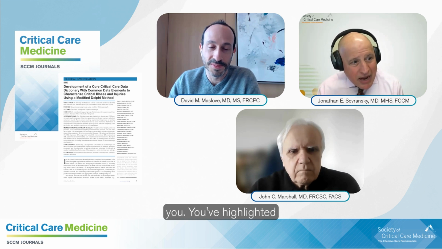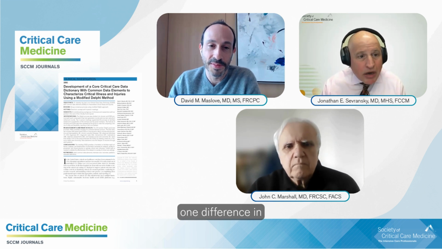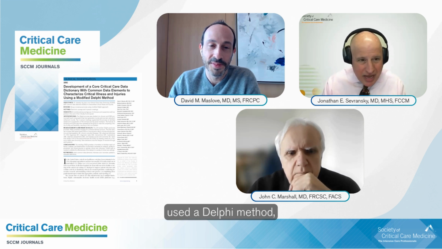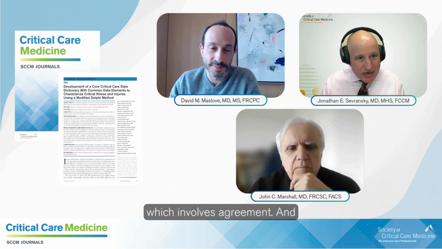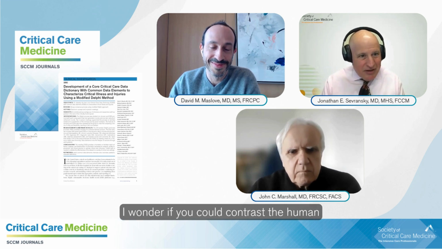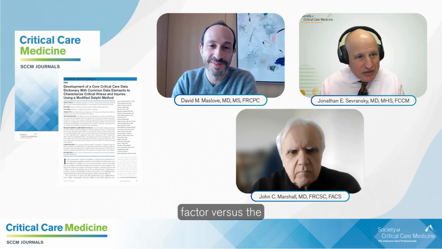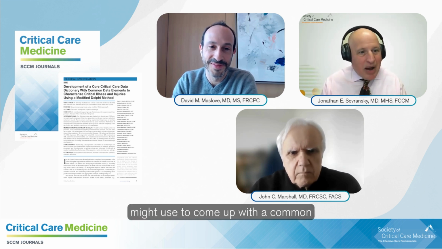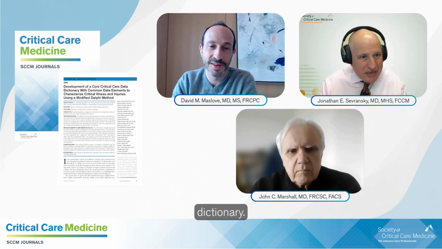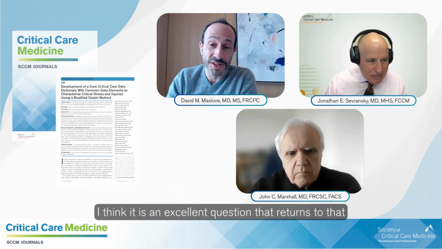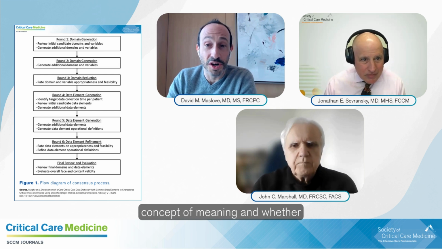Thank you. You've highlighted one difference: the authors used a Delphi method, which involves agreement. I wonder if you could contrast the human factor versus the machine learning factor that one might use to come up with a common dictionary. Yeah, I think it is an excellent question that returns to that concept of meaning.